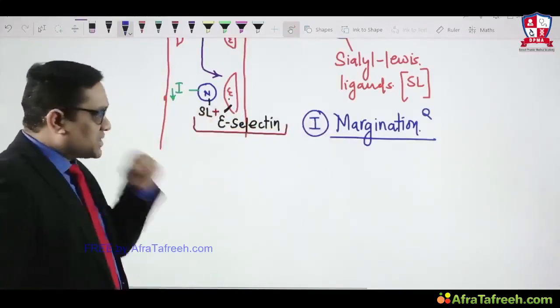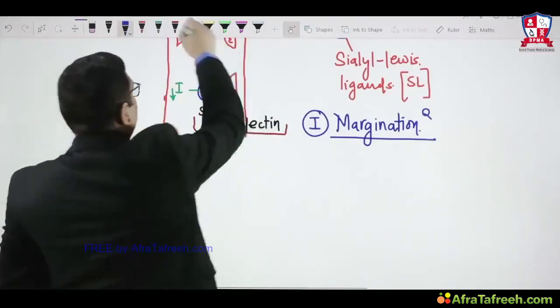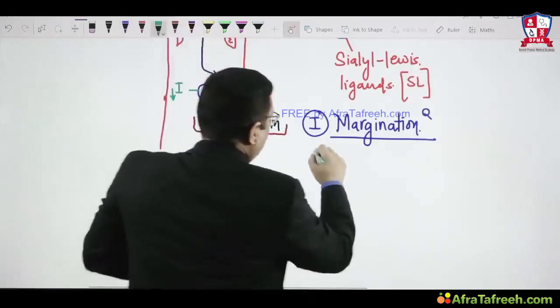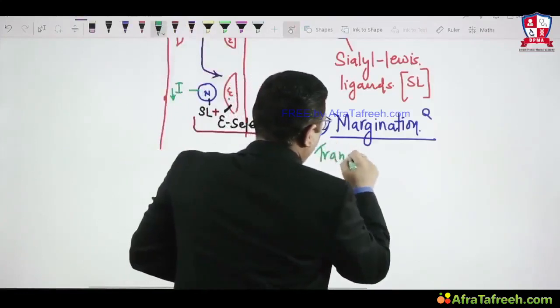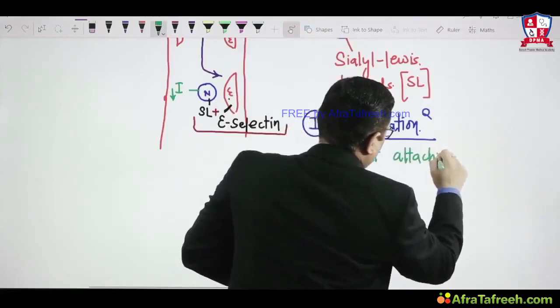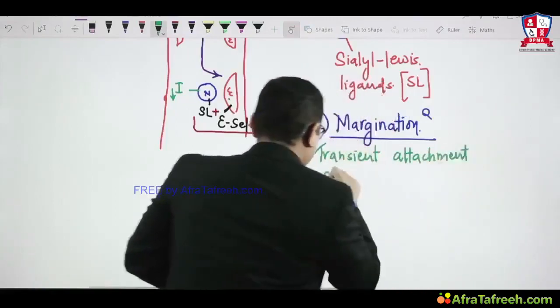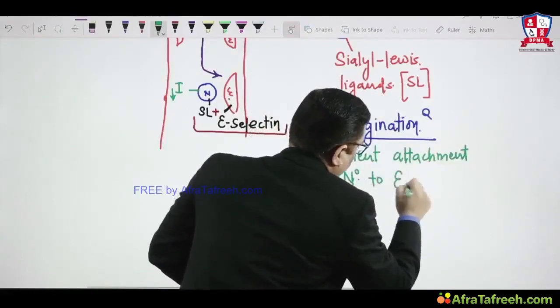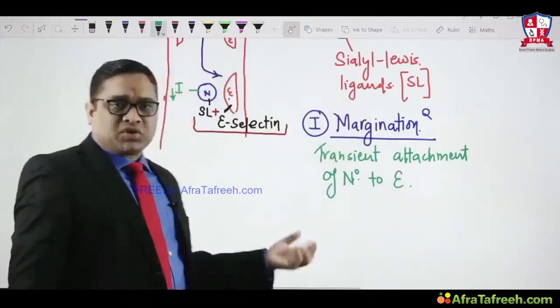So what is margination? See how I am going to define this margination. It's a transient attachment of neutrophil to endothelium. Transient attachment, so it's a weaker attachment.